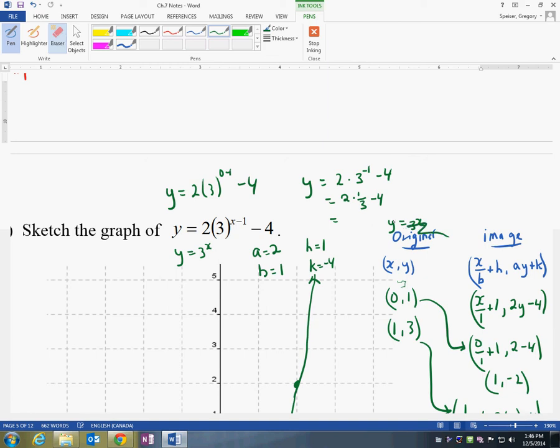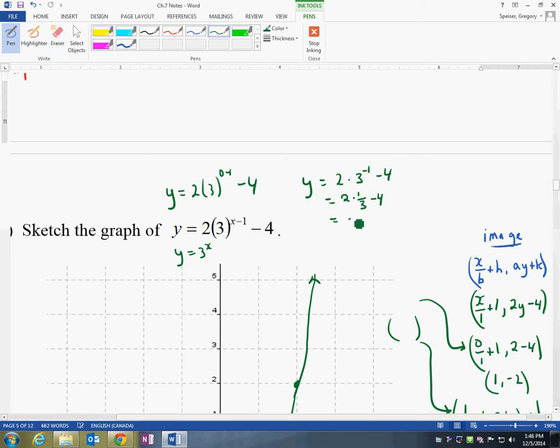This is going to be equal to 2/3 minus 4. So 2/3 minus 4, that's going to be the same thing as 3 1/3. So in other words, when x is equal to 0, y is going to be equal to 3 1/3.